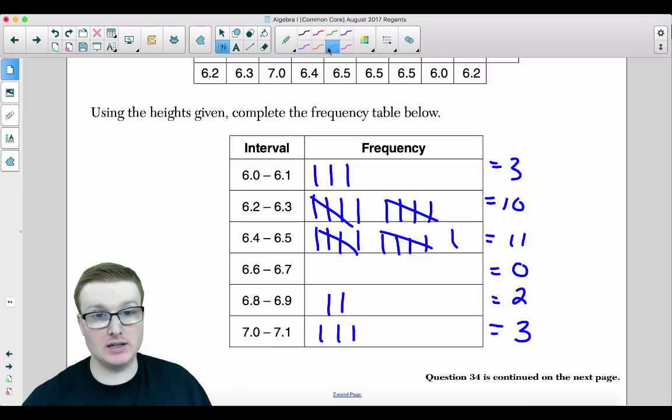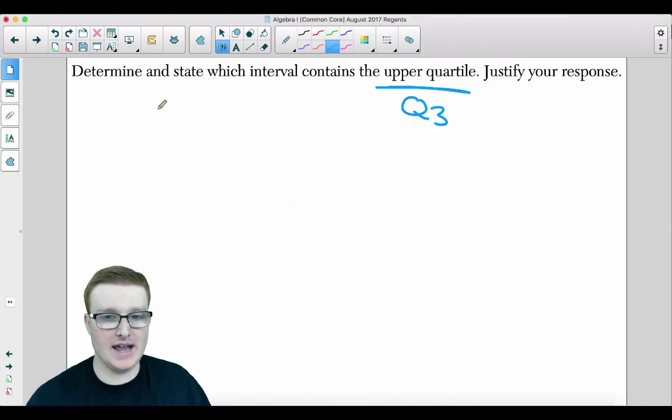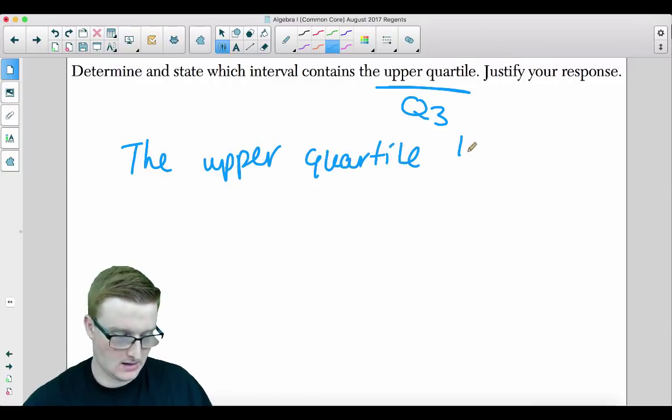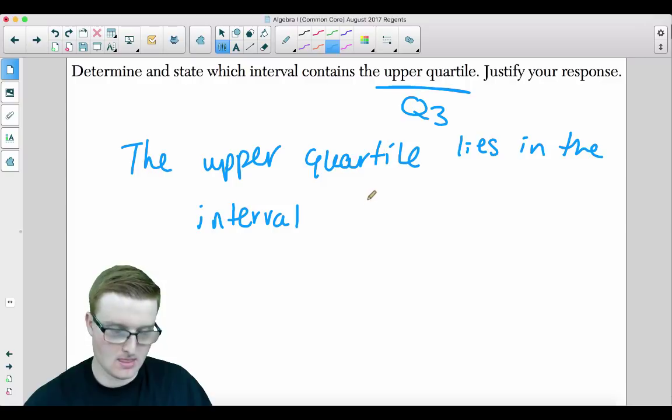That's the interval where it lies, people. 6.4 to 6.5. The next one's 6.6. That's not the same thing as 6.5. So your answer is the upper quartile lies in the interval 6.4 to 6.5.